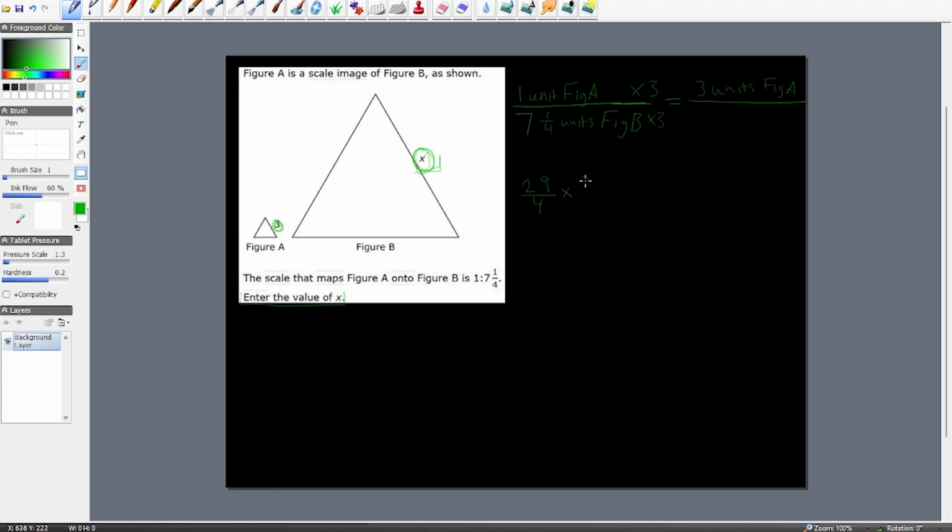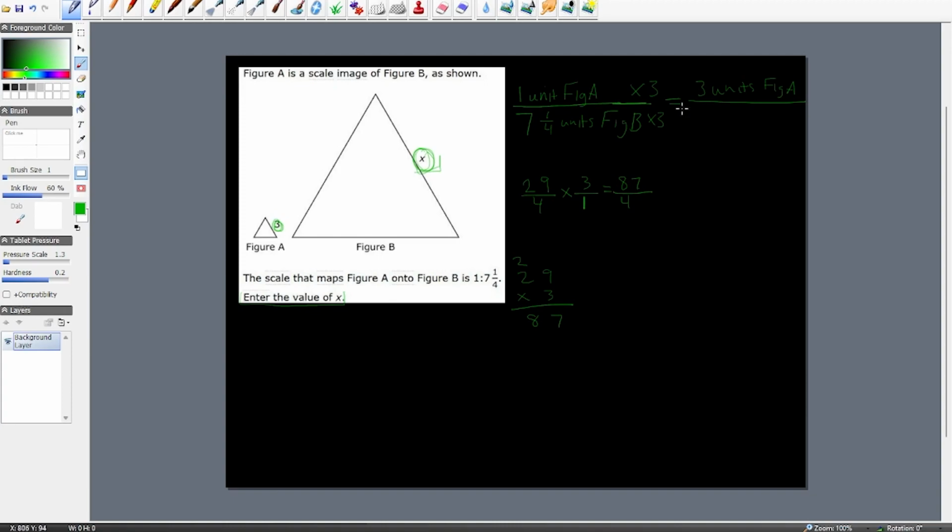And it's easy for me to write this as 3 over 1 to help me multiply straight across. 4 times 1 is 4. 29 times 3, let's find out what that is. 3 times 9 is 27. 3 times 2 is 6, plus 2 is 87.